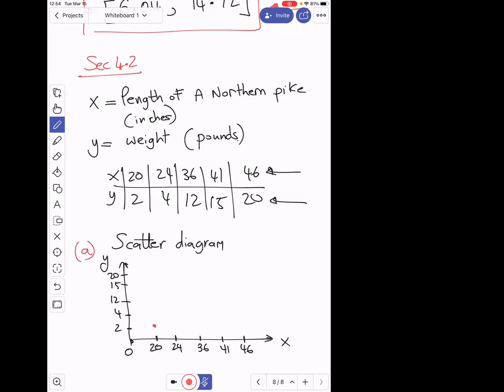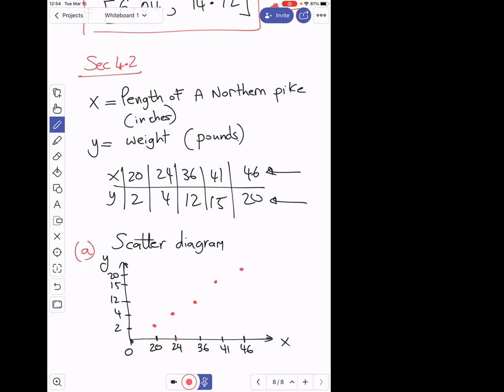When x is 24, y is 4, so we need to go up to 4 here. When x is 36, then y is 12, so it's somewhere here. When x is 41, y is 15. And when x is 46, then y is 20.